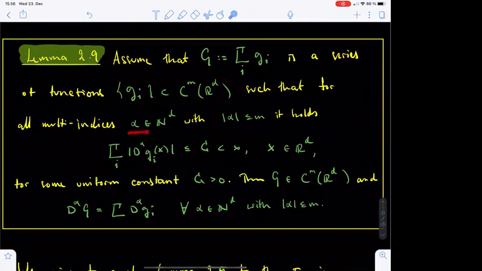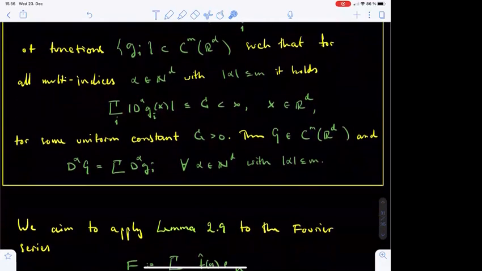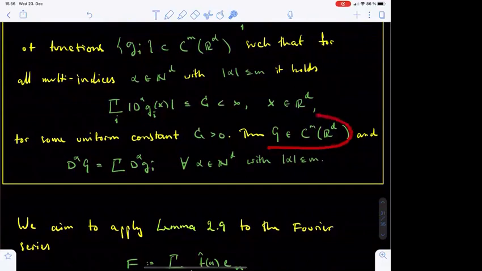Assume further that for all multi-indices alpha of order at most m, there exists a uniform constant C such that the sum over indices i of the absolute values of the alpha derivatives of the functions g_i, evaluated at any point x in R^d, is bounded by C. Then the whole series G is m times continuously differentiable, and the series may be differentiated term by term. The alpha derivatives of G are given by summing the alpha derivatives of the functions g_i.